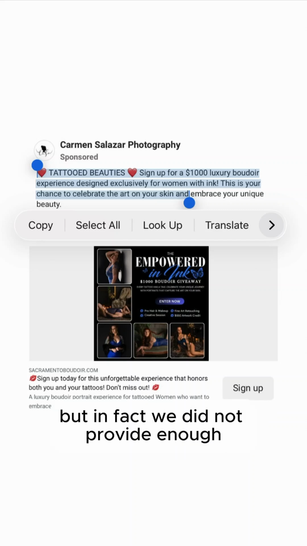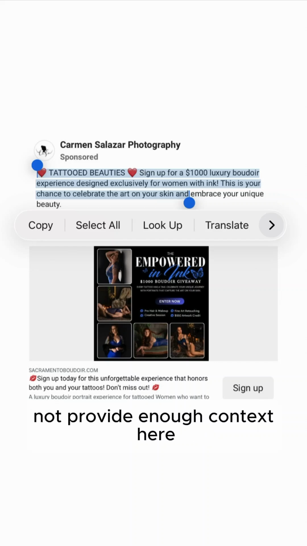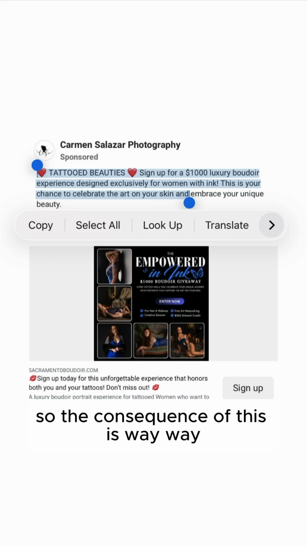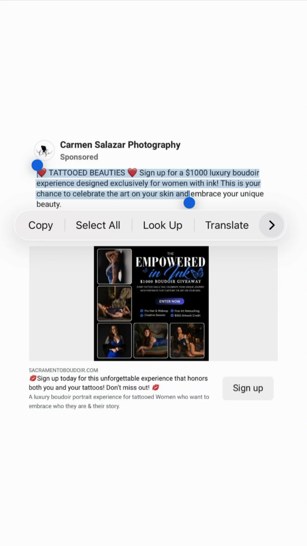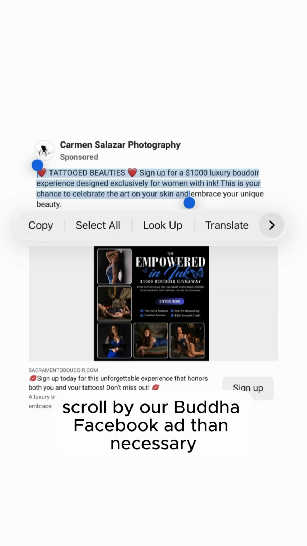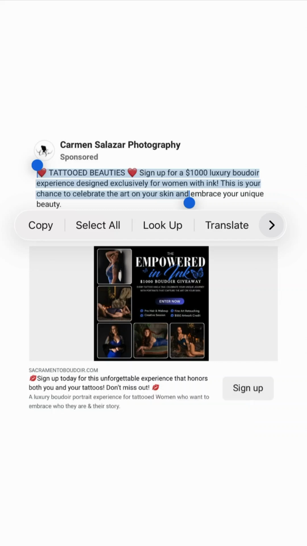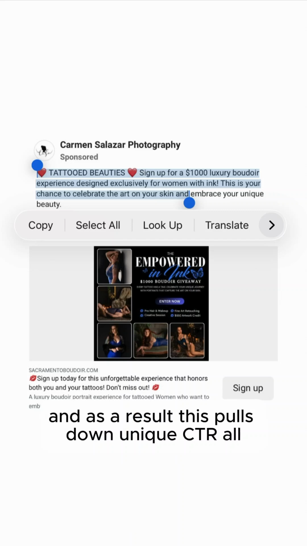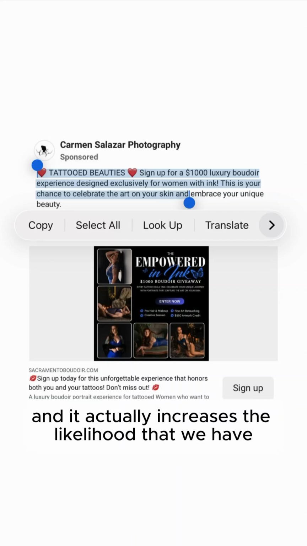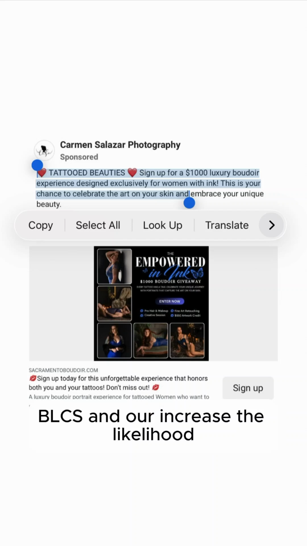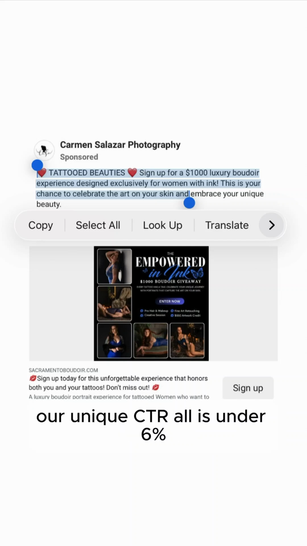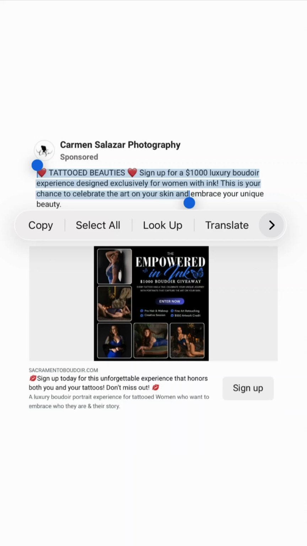But in fact, we did not provide enough context here. So the consequence of this is way more women are going to scroll by our Boudoir Facebook ad than necessary. And as a result, this pulls down unique CTR, and it actually increases the likelihood that we have BLCS and increases the likelihood our unique CTR is under 6%.